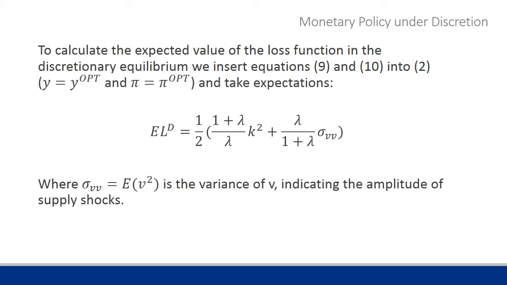If we do that and take expectations, the expected loss under discretion is equal to half times (1 plus lambda over lambda) times k squared plus lambda over (1 plus lambda) times the variance of the supply shock.